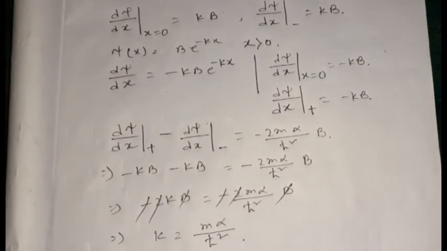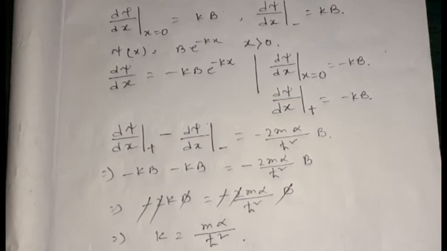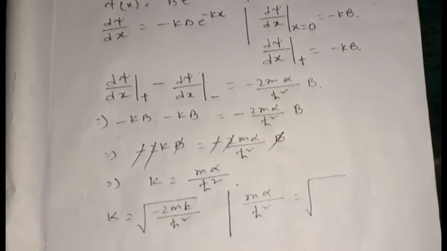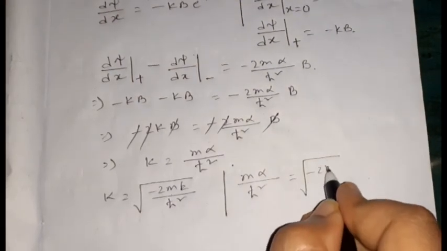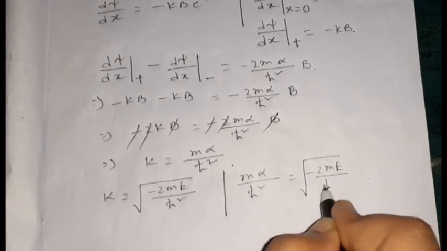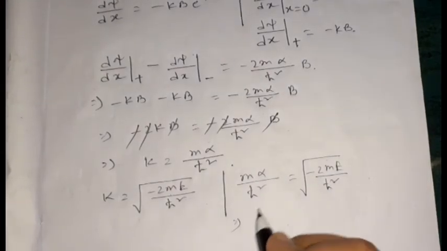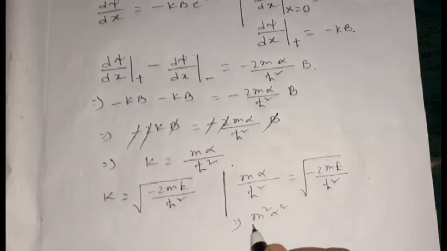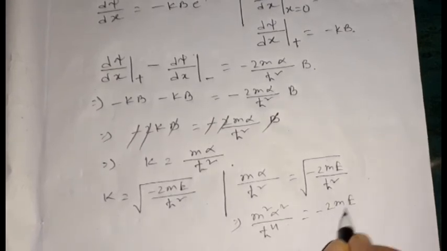As we denote k as root over of minus twice mE over ħ², putting this value, mα/ħ² is equal to root of minus 2mE over ħ². Squaring both sides, we get this.